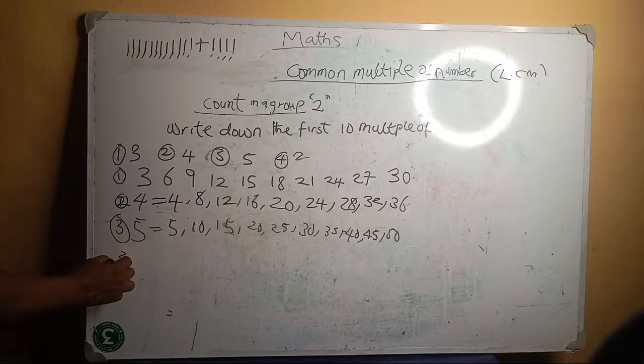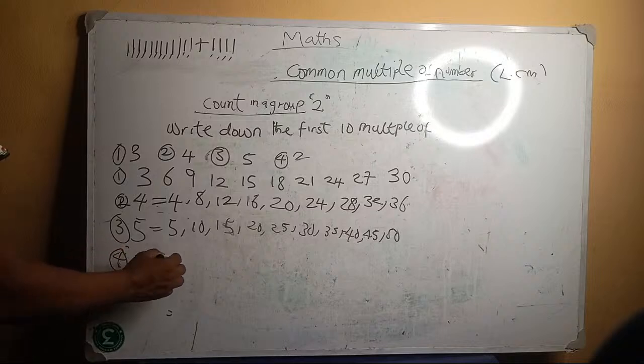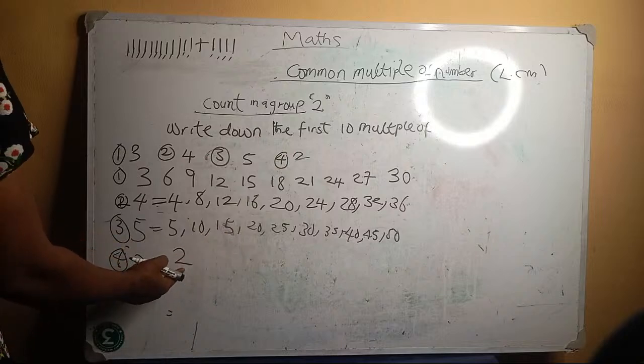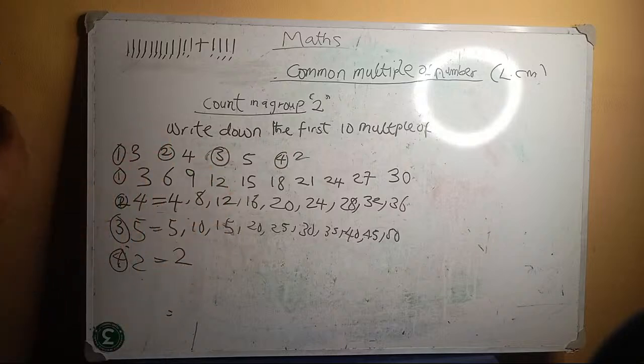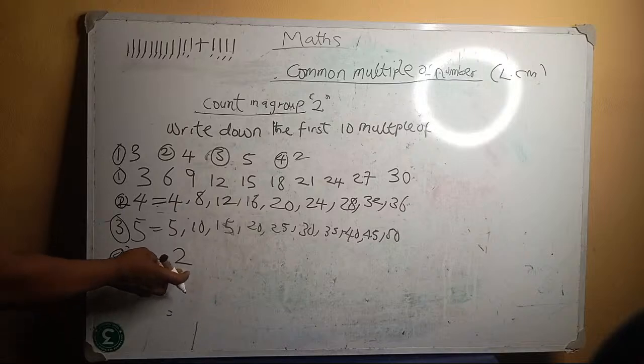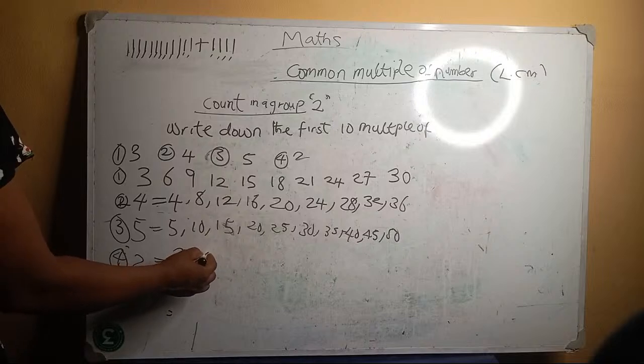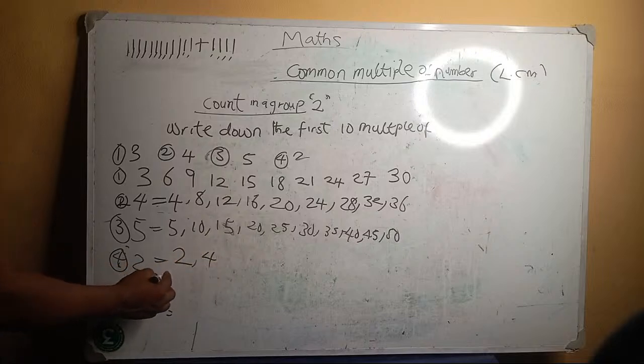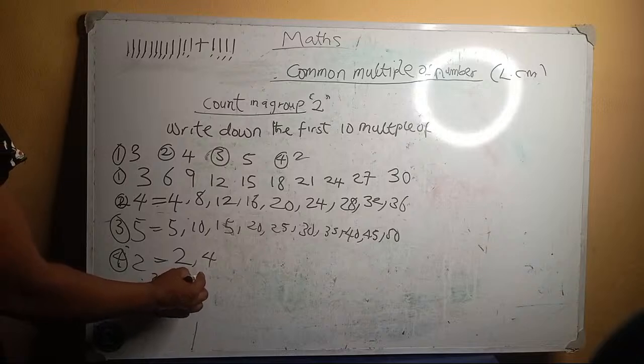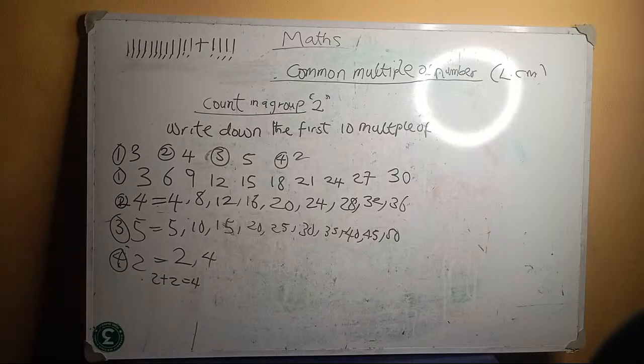So coming to number 4, the multiples of 2. You first of all put down the 2, because 2 can divide itself. In fact, any number can divide itself. That's why you put this 2 on its own. 2, 4. So 2 plus 2 is equals to what? 4. Are you getting what I'm saying here? Hope you are getting me very well.